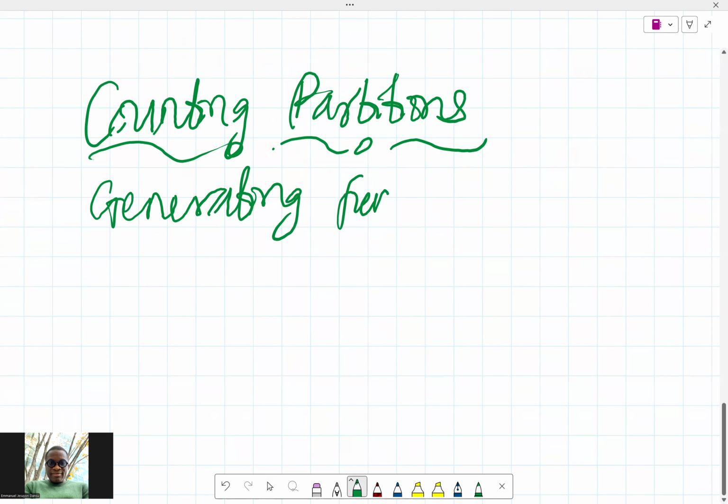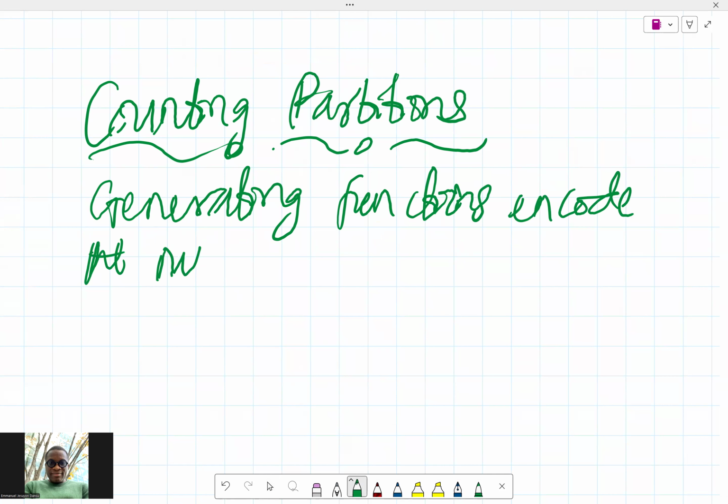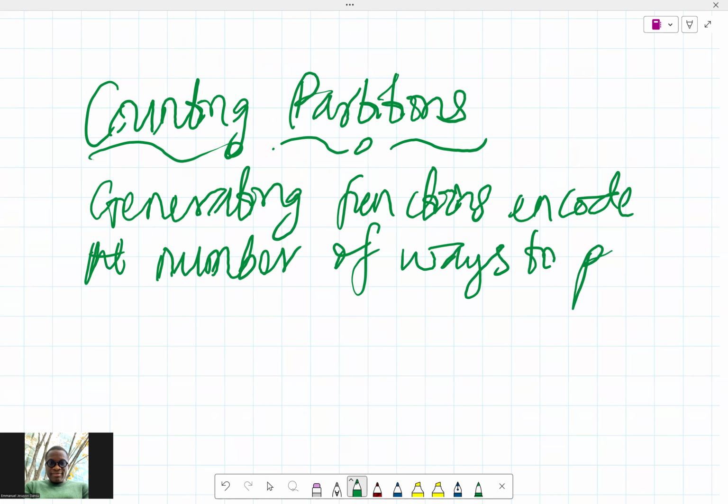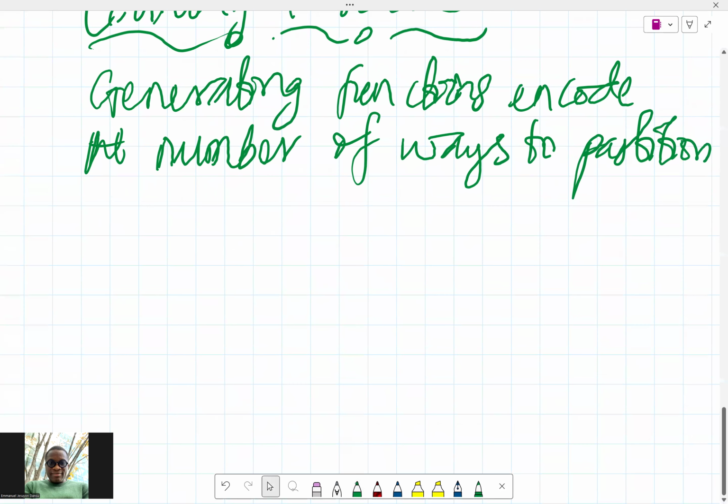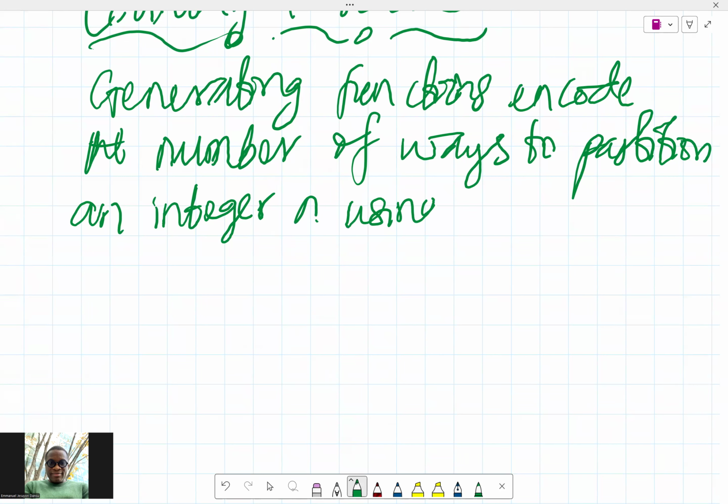Generating functions encode the number of ways to partition an integer n using a set of integers.